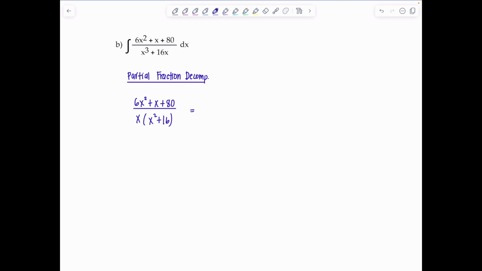Okay. So here we're going to have x is a linear factor, so a over x. x squared plus 16 is an irreducible quadratic, so I need bx plus c up top. And then in the next step, we multiply everybody by the LCD, which is x times x squared plus 16.